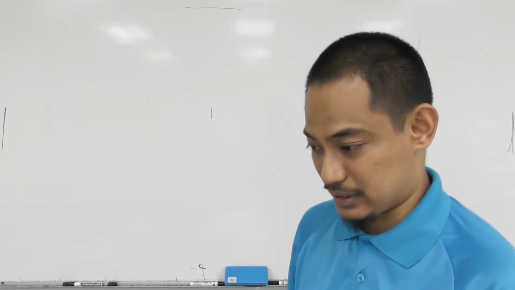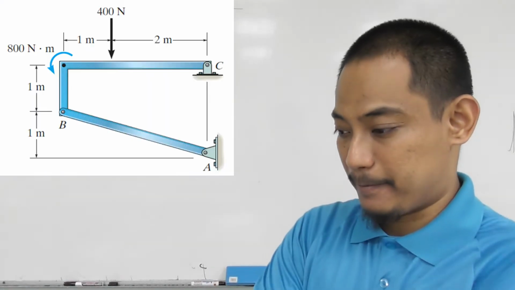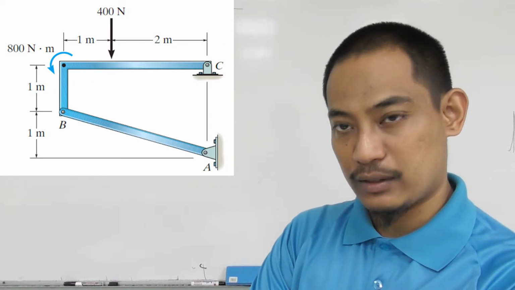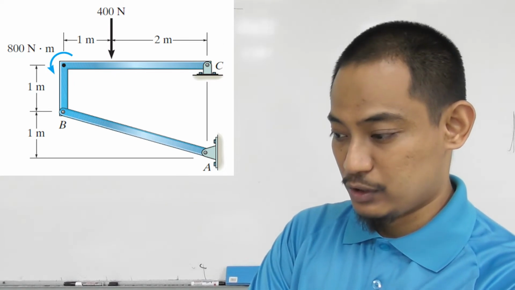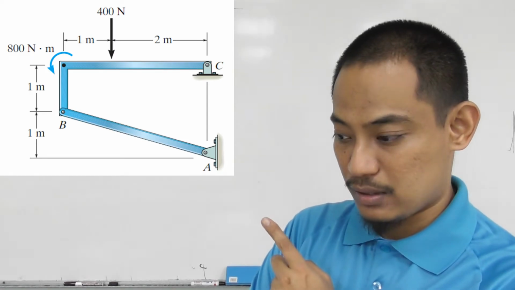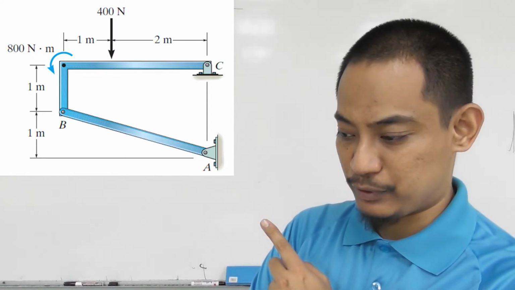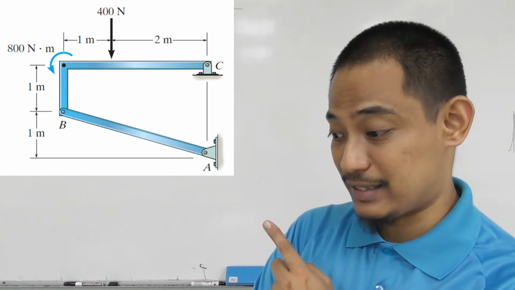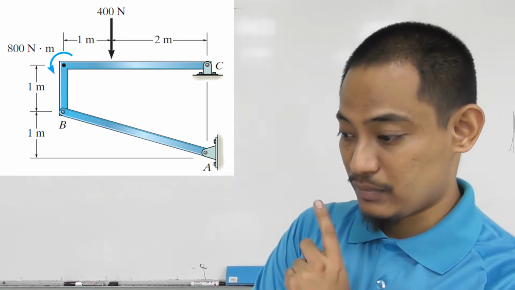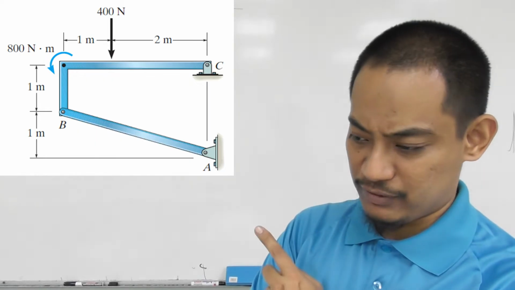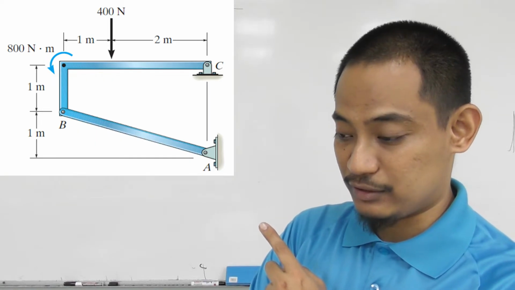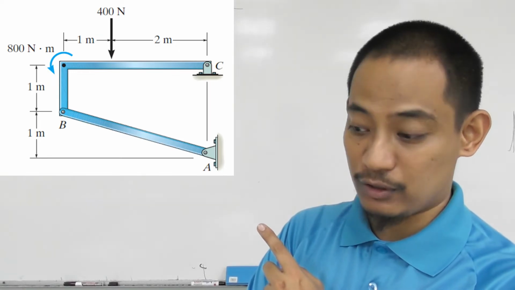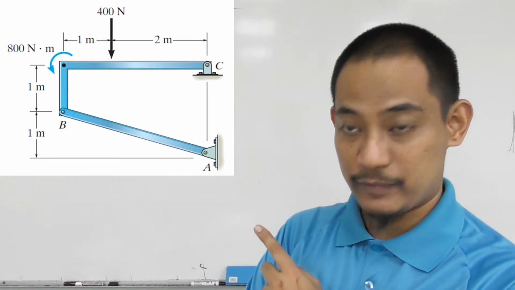So let's see. This is example number 1. Okay, so I'll put the picture there, right? The question says the frame supports an external load and moment as shown. So you can see there, you should have support reactions at C and A. There's a pin support there, and then you have the 400 Newton force, and then you have the 800 Newton meter counterclockwise moment there, right?